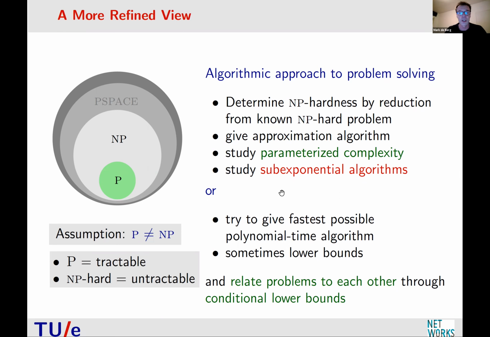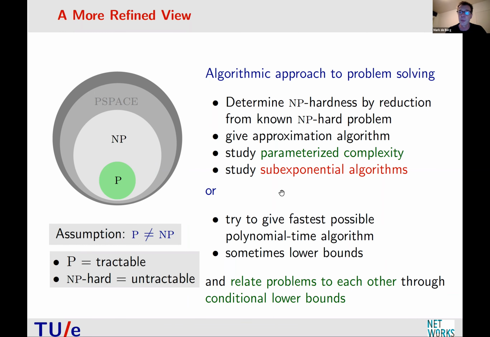In that case, you not only analyze the running time of your algorithm as a function of n, the number of objects, but you introduce a second parameter, which, if you're lucky, can be smaller than n, and then try to come up with an algorithm whose exponential behavior only shows up in the second parameter and not in the input size n.